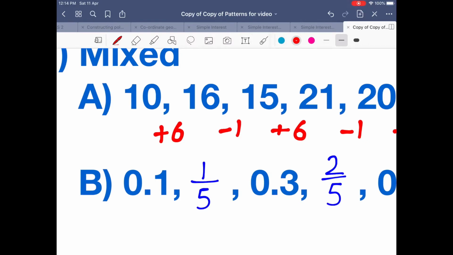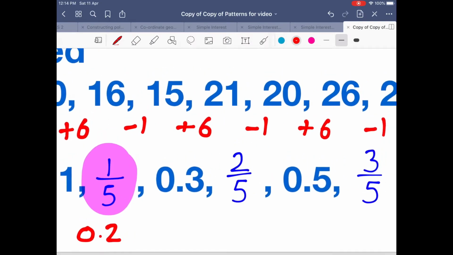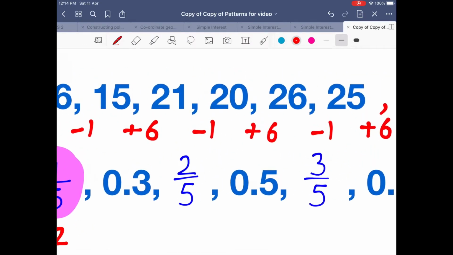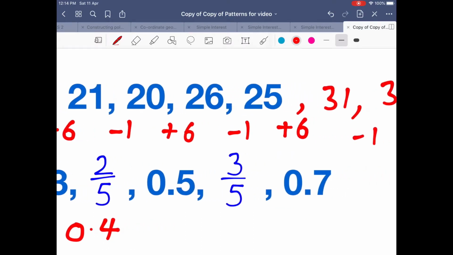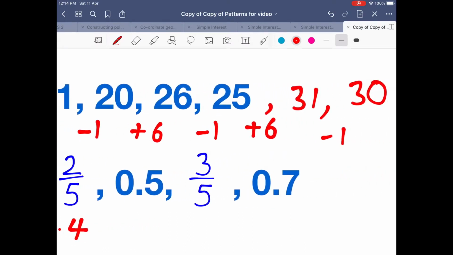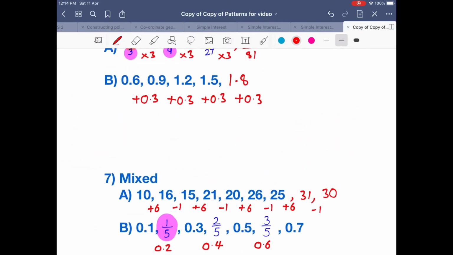So 0.1, then we have 1/5, which is equal to 0.2. We have 0.3, then we have 2/5. 2/5 is also 0.4. You have 0.5, 3/5, sorry, is also 0.6. So we are simply increasing by 0.1.